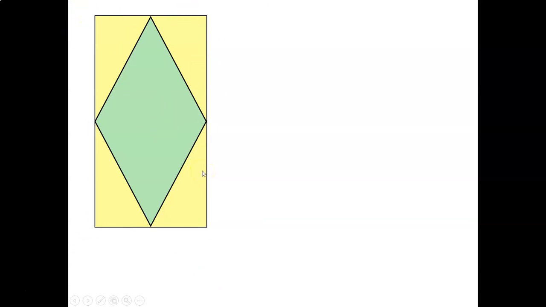In fact, if you were to take each of these yellow triangles and smush them together, you could create another rhombus that's identical to the green one. So that's why the formula for the area of a rhombus is 1/2 of the diagonals multiplied together. The diagonals are equal to the base and the height of the rectangle, but I only need half of that rectangle's area.